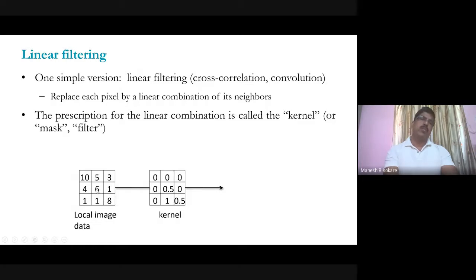When you have to filter this sixth pixel, the center pixel, you keep this mask such that the center of the mask coincides with this 6, and it considers the neighboring pixels. We multiply the weights of the mask with the intensities, and then add them up. This is done for all those pixels which are considered.